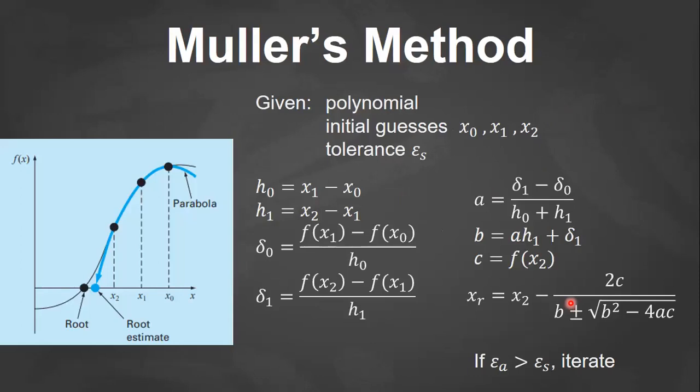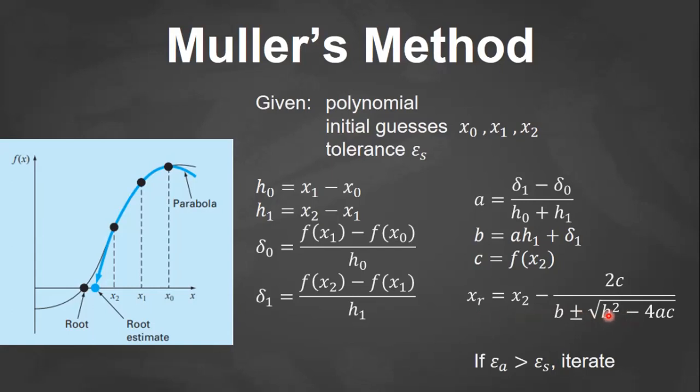So to summarize Mueller's method, given the polynomial, okay, which we are to find the roots, the three initial root guesses, and then ang tolerance, gamiton nato ang mga expressions, okay, kini sila, in order to approximate the root. Okay.